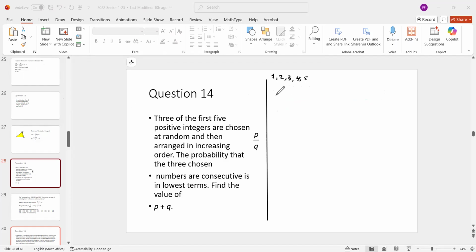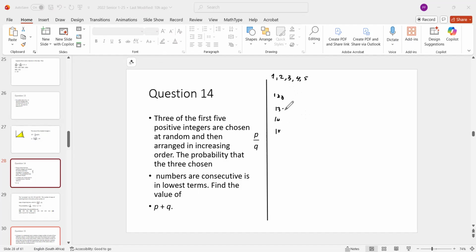I need to show you how to collect together all these things. Let them start with 1. So you can start with 1. You have 1, 2, 1, 3, 1, 4, 1, 5. Right? And then let's put them in increasing order.